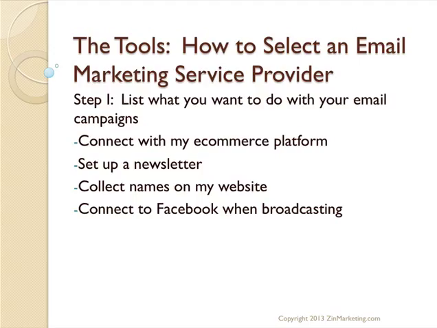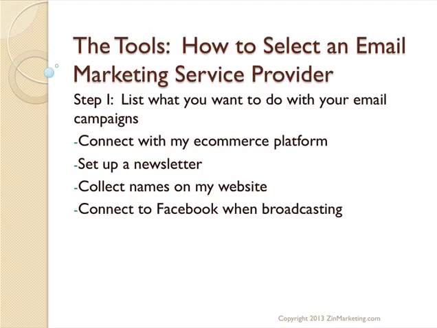So let's step through this, and there are a few steps you would traditionally go through. The very first thing is to make a list of what you want to do with your email campaigns. What are the things that you want to accomplish? Here are some really simple examples. You might want to connect it with your e-commerce platform. You want to write a newsletter and send it. You want to collect names on your website. You want to connect it to Facebook when you're broadcasting. Those are some examples of things that might be important to you.